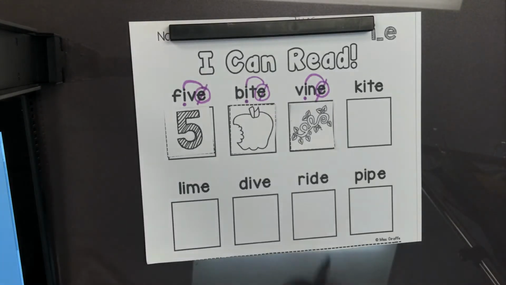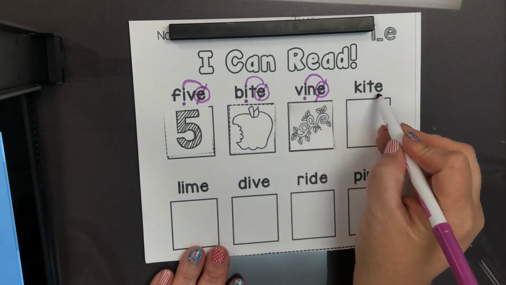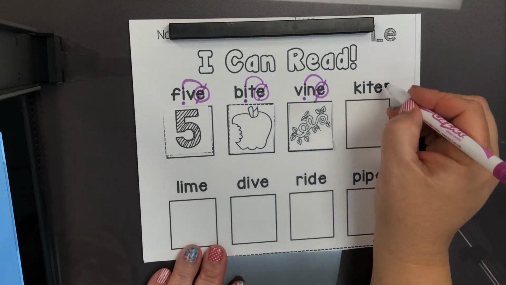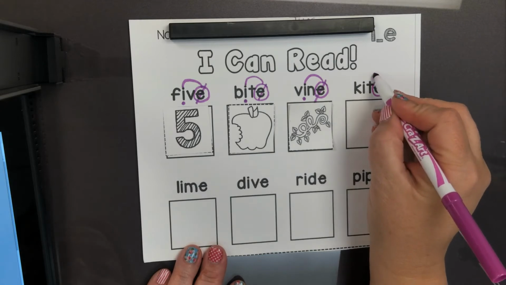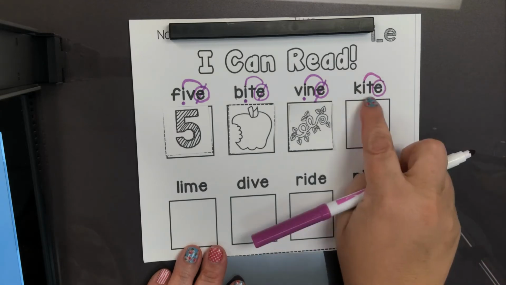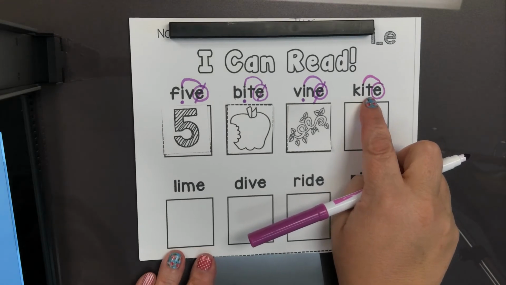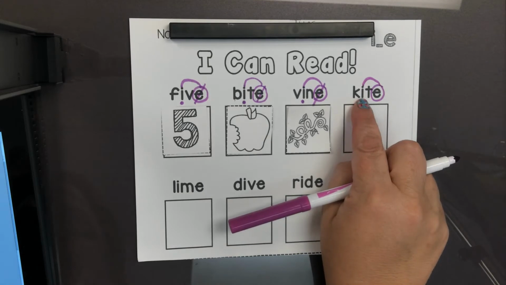Let's read another word. Look at the word. Does it end in magic E? Yes, it does. Does magic E jump over a consonant? Yes, it does. T is a consonant. Does magic E land on a vowel?